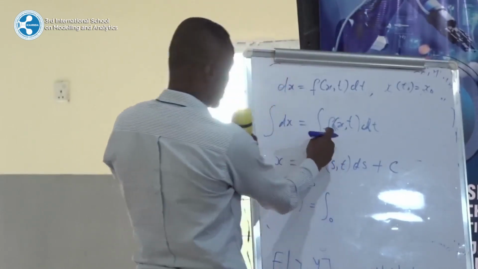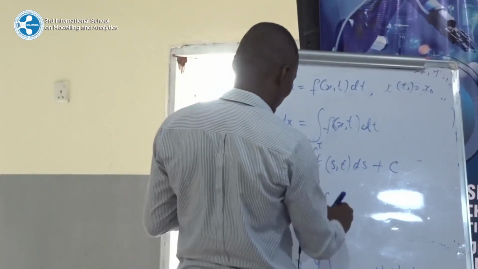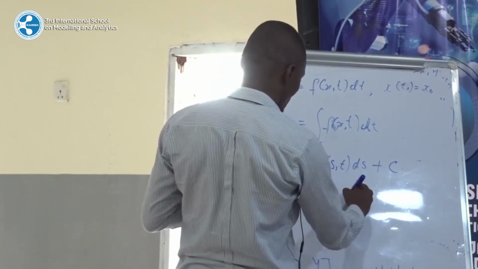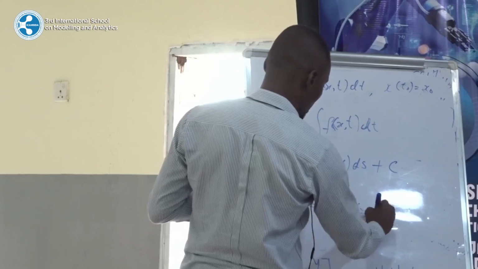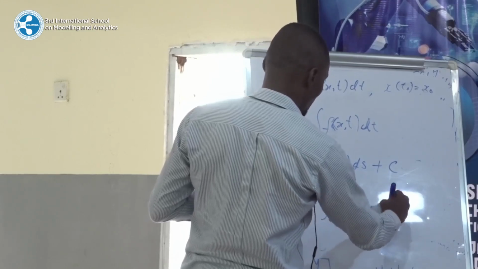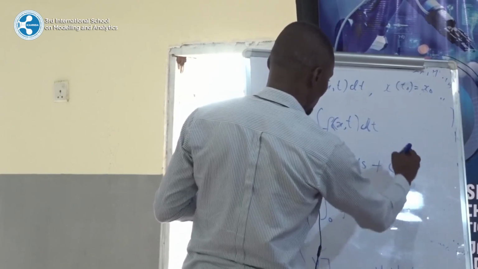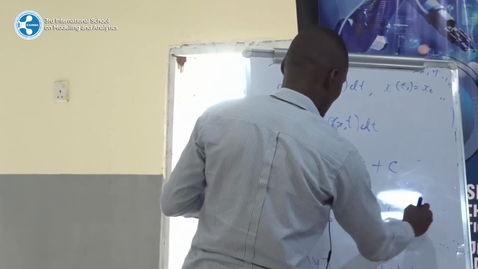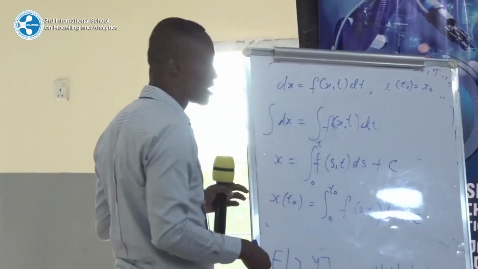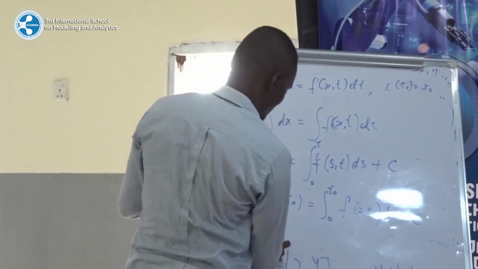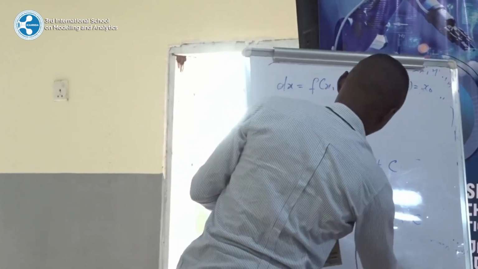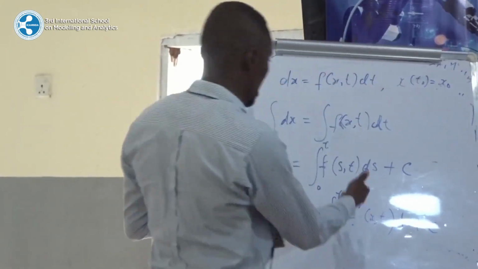I made a mistake here. So when you evaluate, you now have from 0 to t0 of f of x comma t0 dx plus c. You now make c the subject of the formula. Okay, I think I'm done.